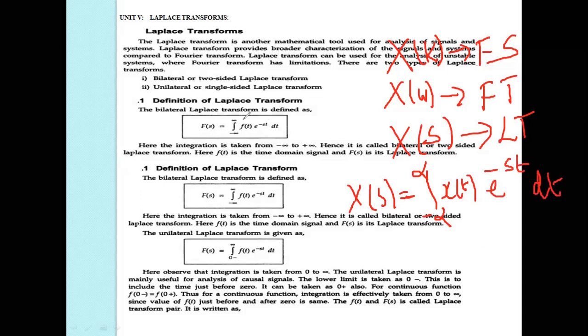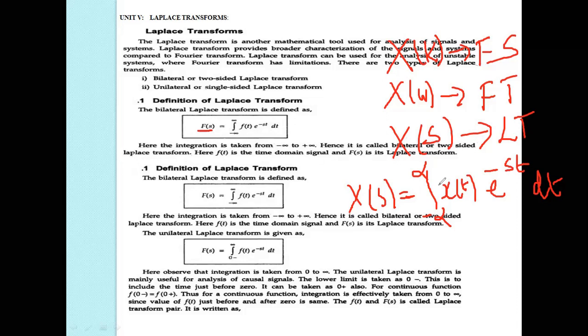Inside I am taking f of t, so the frequency is f of s. Here the integration is taken from minus to plus infinite, hence it is called the bilateral or two-sided Laplace transform.